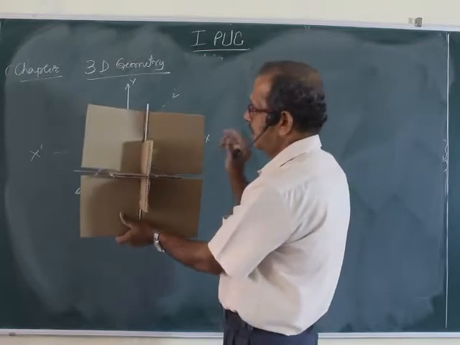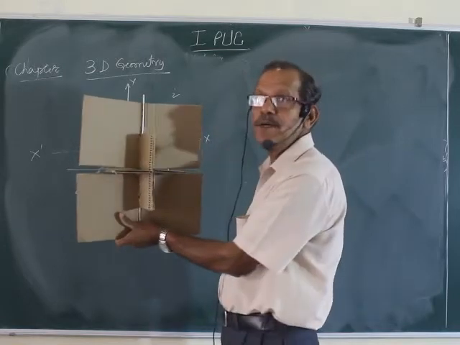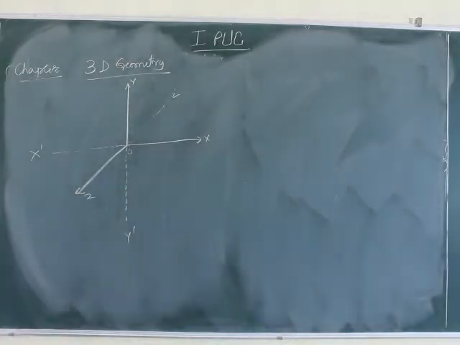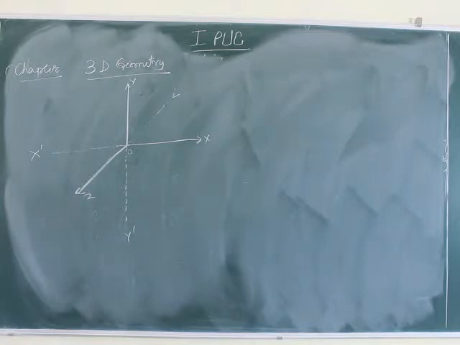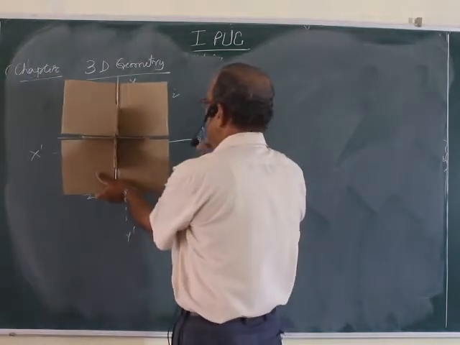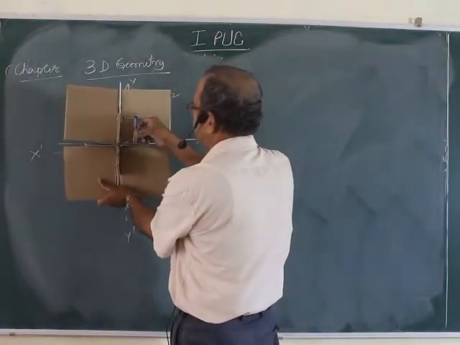Now, if we take any point in the space, how does it look like? Any point. Consider a point. In the first quadrant, let me consider a point, see.